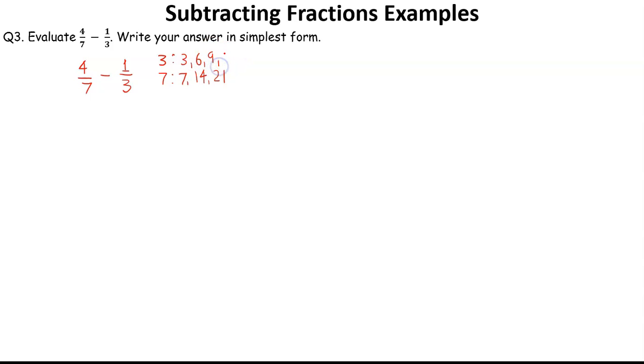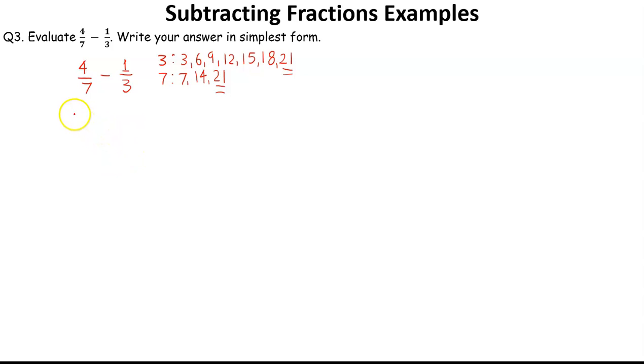These are my 3 times tables. 12, 15, 18, and 21. So we can see that 21 is my lowest common multiple, and it's going to become my lowest common denominator for both of these fractions.